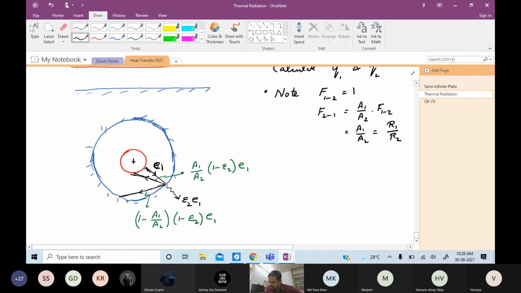Now imagine this one again, when it reaches surface 1, part of it gets absorbed and the rest of it gets reflected.